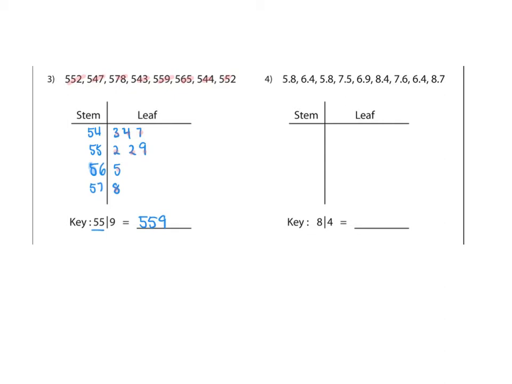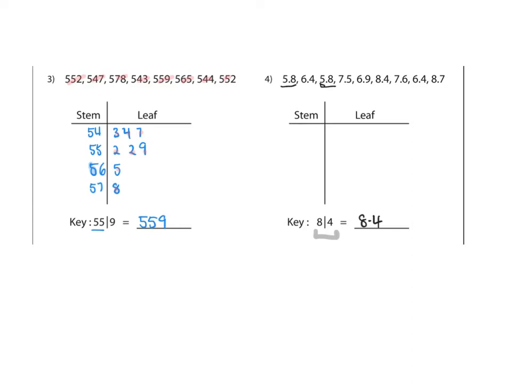Now, just over here on this one, we can show that 8|4, when we have a stem of 8, is going to mean 8.4. So our stem has become a unit and our leaf is a decimal. So once again, just go through and find your smallest stem.